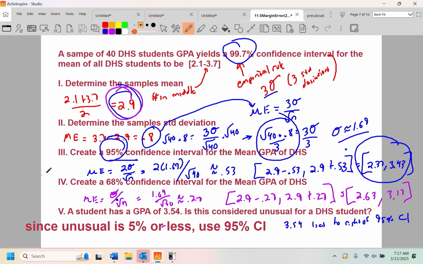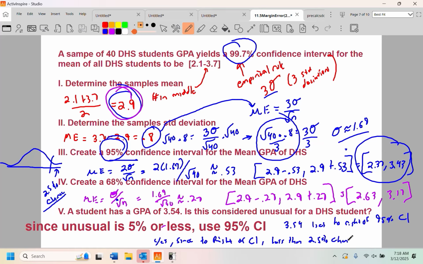I wish I had more room here, but that's this tail over here, which has a 2.5% chance of happening, which is unusual. So it is unusual, yes, since to the right of the CI, it has a less than 2.5% chance, which is definitely unusual. So a 3.54, based on the data that I threw in front of you, is unusual for a DHS student.